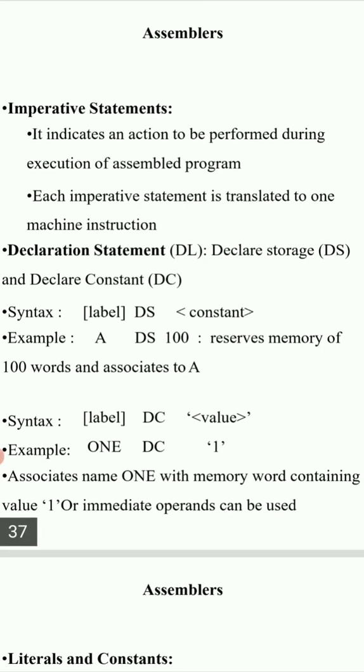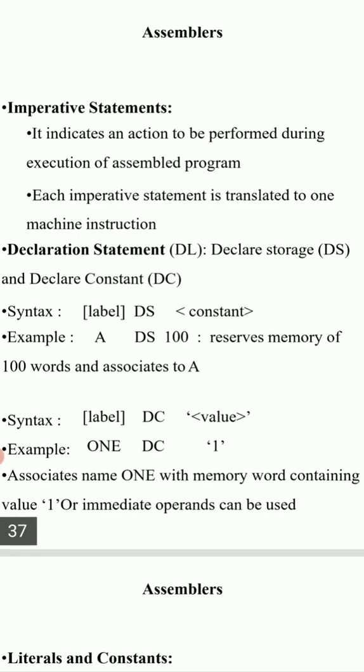But it will require opcode and operand compulsorily. Opcode means the symbolic operation, or we can say a storage specification. And the operand we use for a memory, or we can use it for the CPU register. So there can be a number of operands in an instruction.